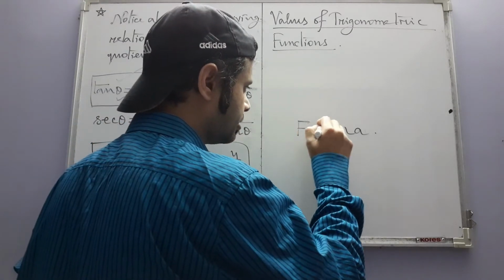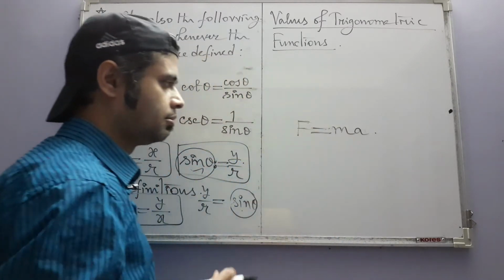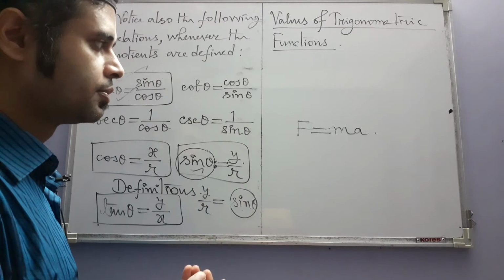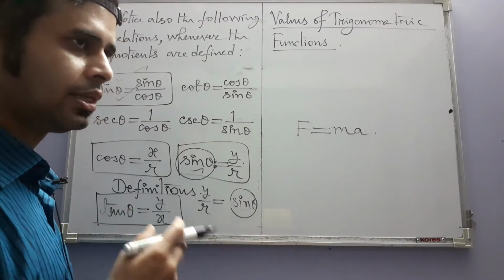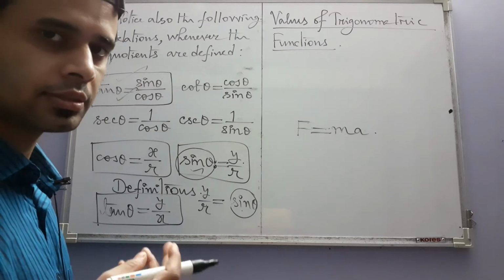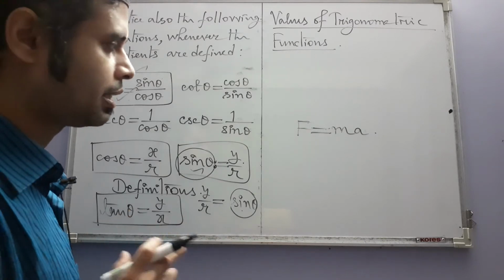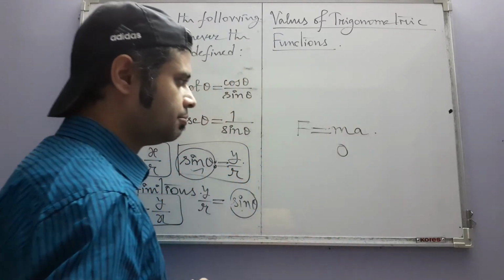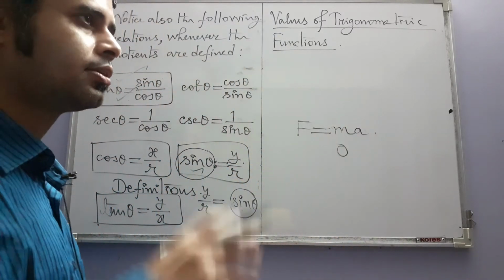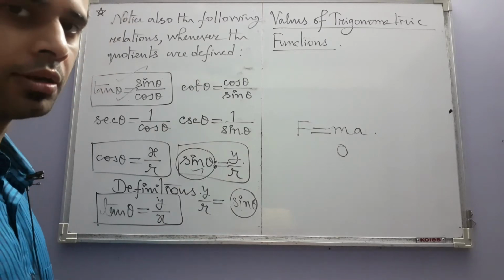The law says that when an object... I'm saying all these things in a very crude manner. There may be physical inconsistencies in what I am saying. Just for the sake of understanding, you have an object of mass m which is not extremely large or extremely small.